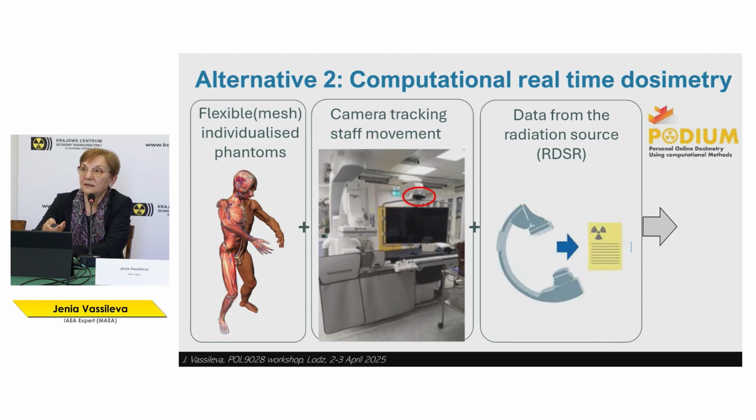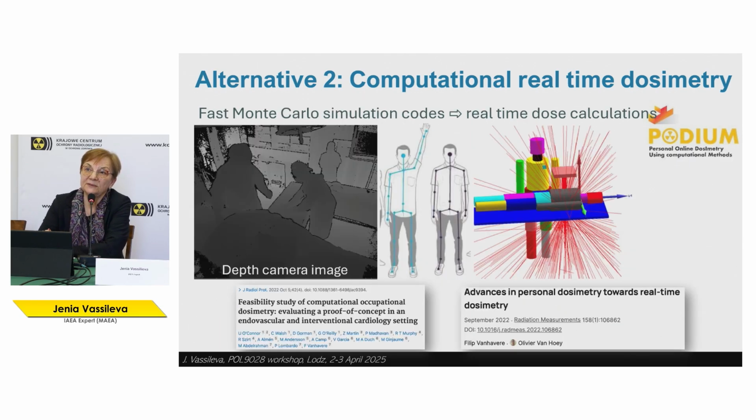Combining this using the depth camera image, reconstructing the different poses of the operators, and then applying Monte Carlo calculations for real-time dose calculations. This was published in a number of papers. I refer you to these papers.